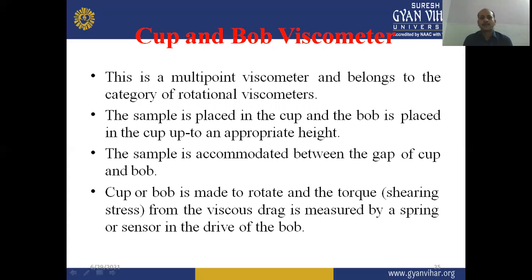The cup or bob is made to rotate and the torque, or shearing stress from the viscous drag, is measured by a spring or sensor in the drive of the bob. So this is the working mechanism of the cup and bob viscometer, where the cup or bob is made to rotate and the torque from the viscous drag is measured by a spring or sensor which is given in the drive of the bob.